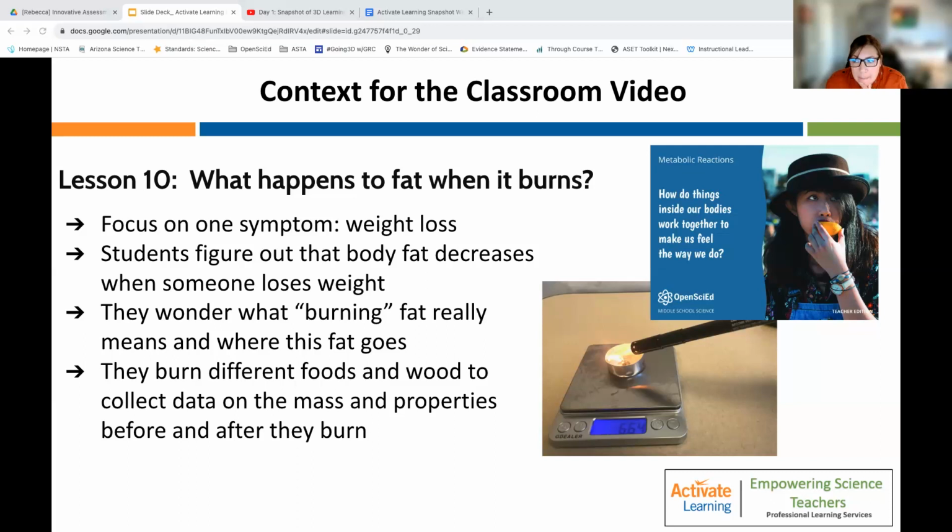They figure out that body fat decreases when you lose weight, and they read that the body burns fat. They wonder where the fat goes and what it means to actually burn fat. They burn different foods, cheese puffs, marshmallows, and fat, and collect data about its mass and properties. So here's the context.